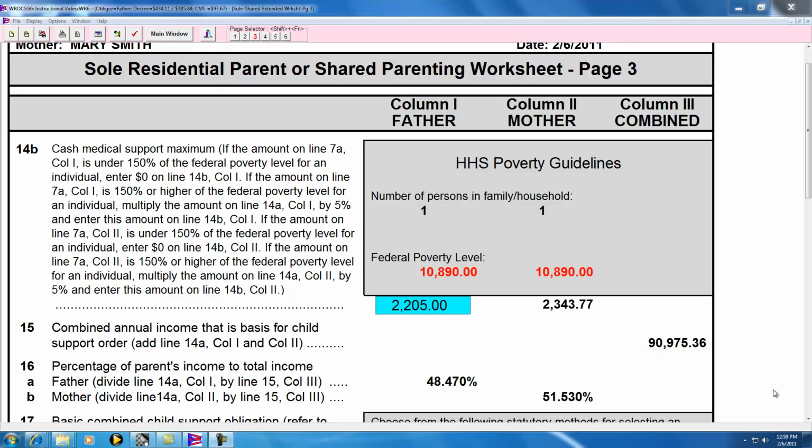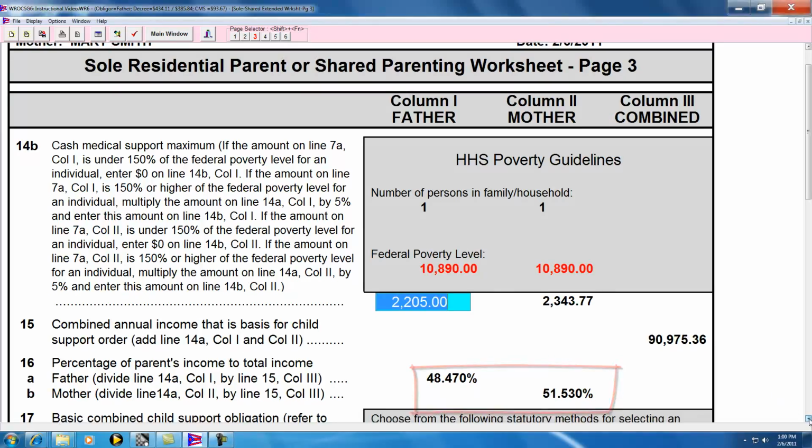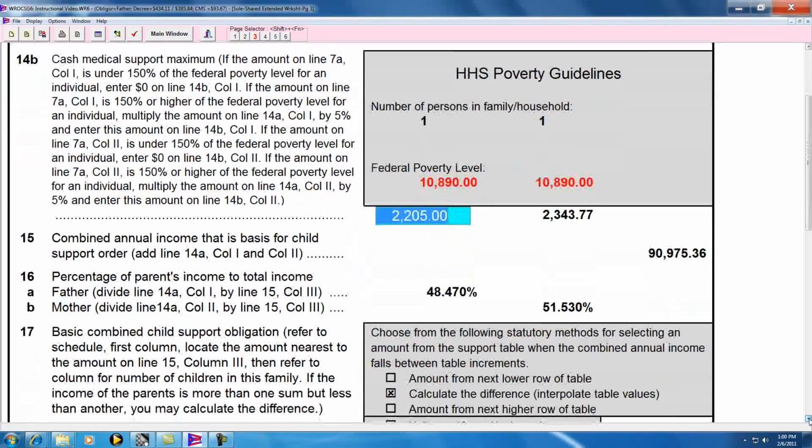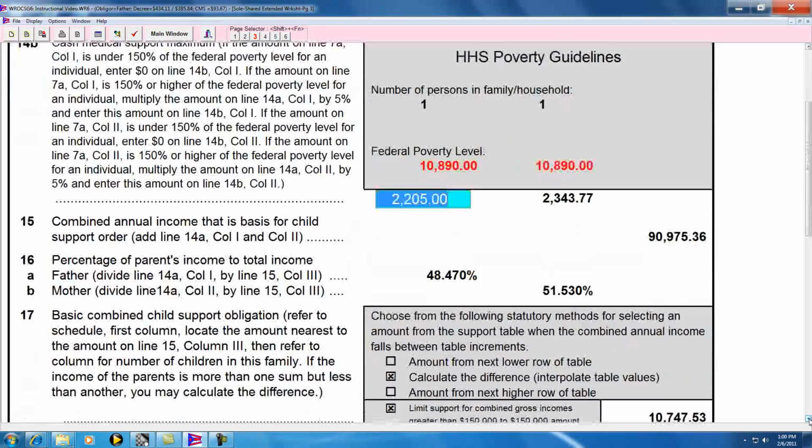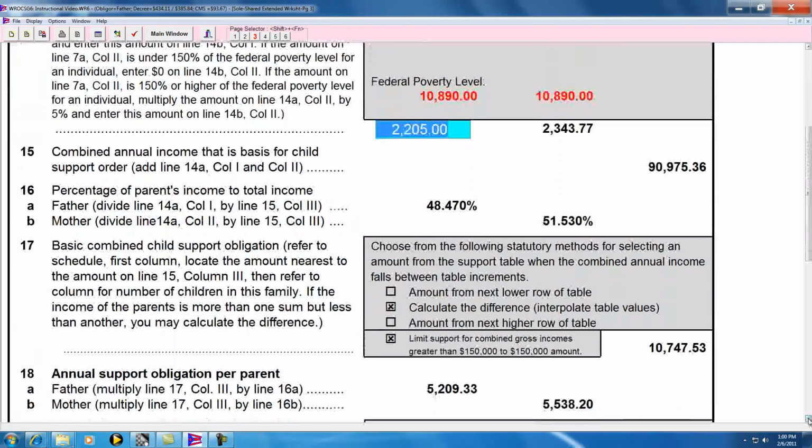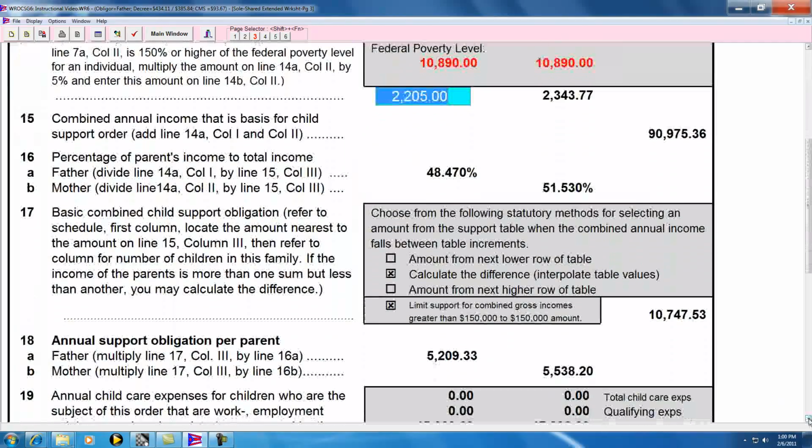The amounts on line 16 are figured by dividing a parent's line 14 amount by what's on line 15. Here the father's percentage is 48.47% and the mother's is 51.53%.